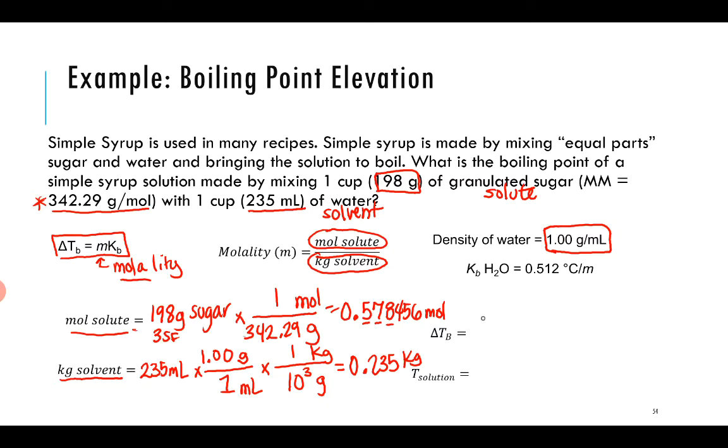So now I can calculate my molality. I'm going to do that up here because I don't have a lot of space. So my molality will be equal to 0.578456 moles with 3 sig figs divided by 0.235 kilograms.